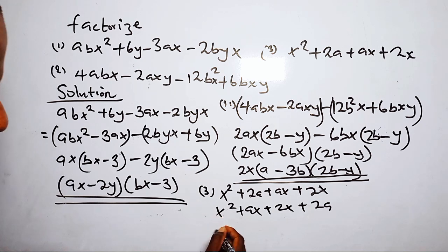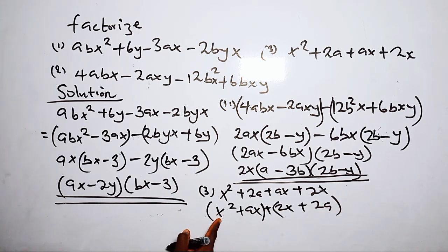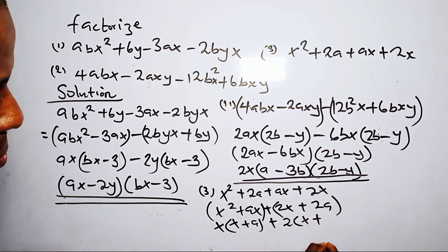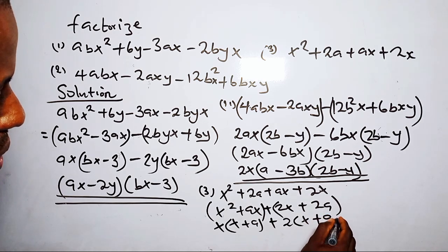So when we look at this, we can group this. So when we group this, we look for the common factor. So x is common, so we factor out this bracket with x. So we have x into x plus a, okay. Here we have 2x, we have 2a, so we can factor this as 2 into x plus a.